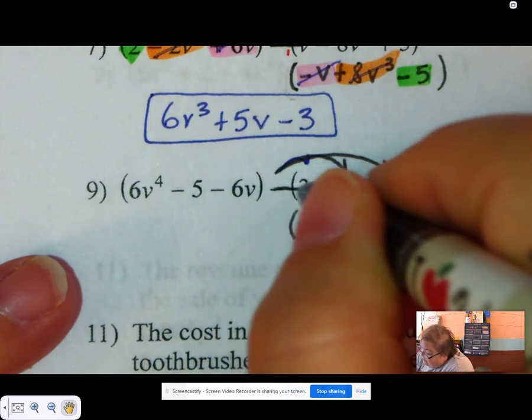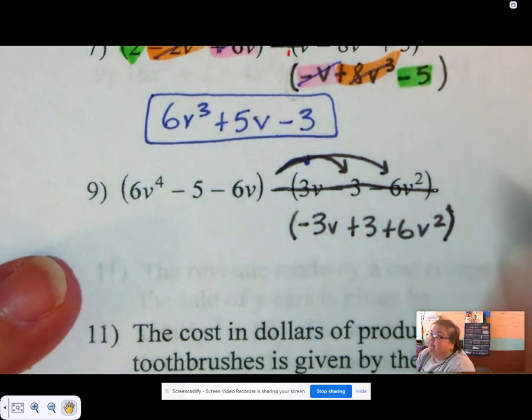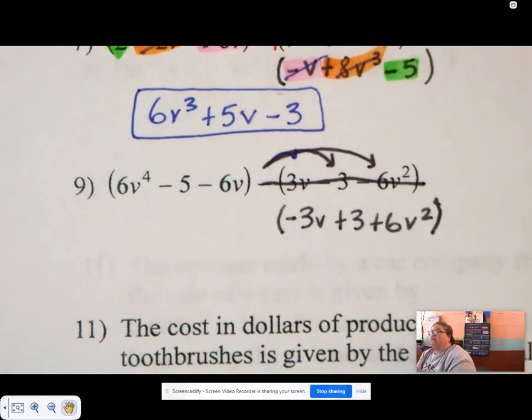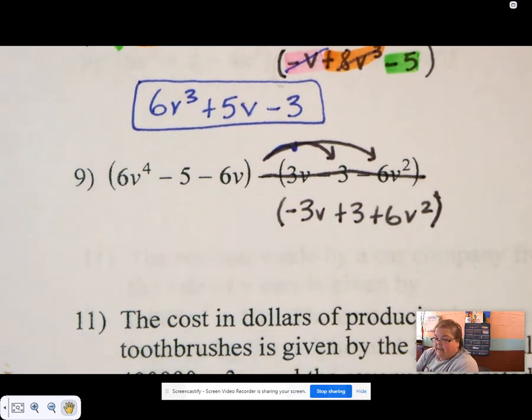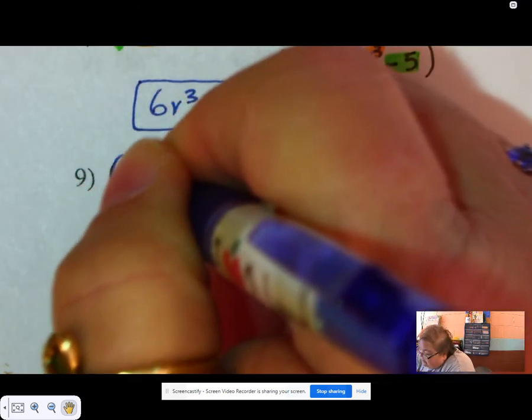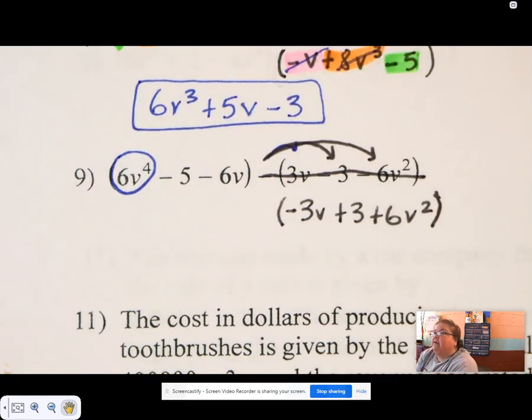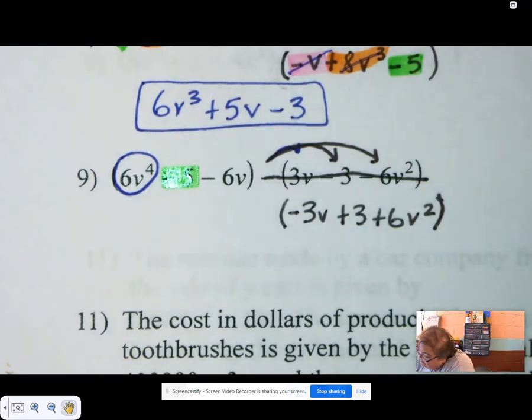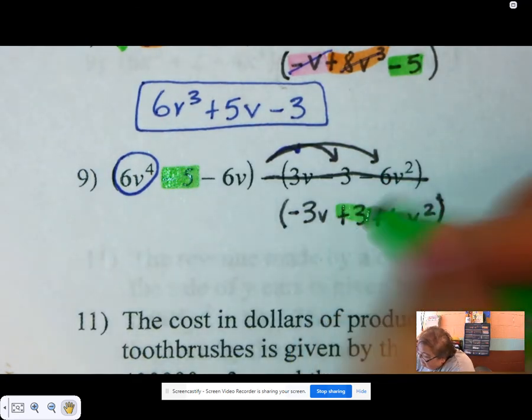Now, I am finished with this one, so mark it out. Because if you don't, you're going to want to work with it because that's the way our brain goes. 6v to the 4th. Do I have another one of those? No. I'm just going to circle it because that's going to be alone. I do have a constant of negative 5 and a constant of positive 3.